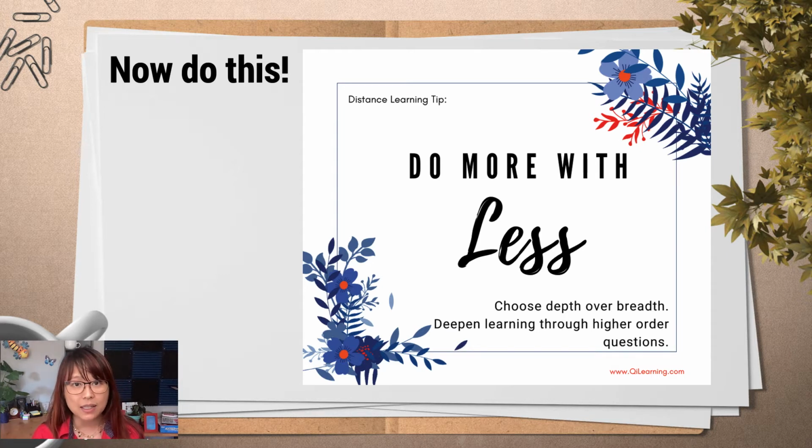Are they evaluating? Are they synthesizing or applying that information to something? That's the more piece that I invite you to think about when you're doing distance learning, and actually when you're doing learning in general, right? In other words, breadth over depth and deepen learning through higher order questions. I'll talk about that in a second.